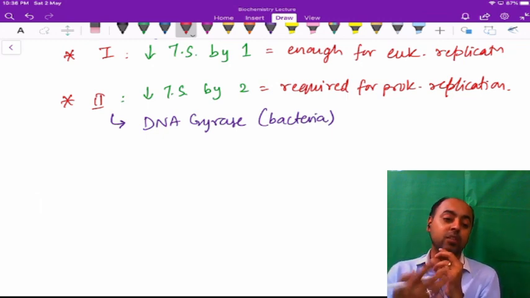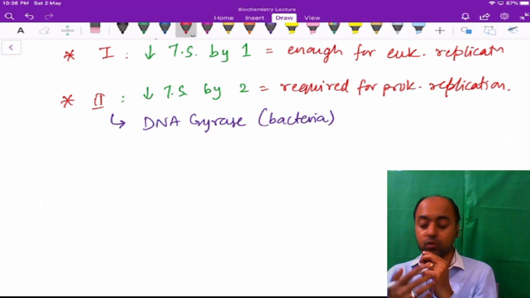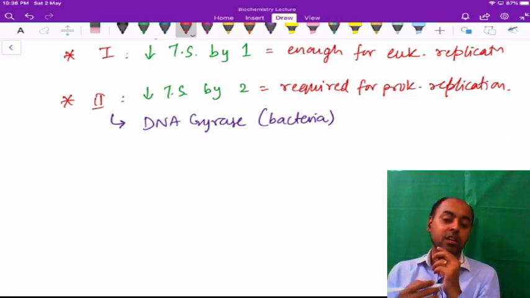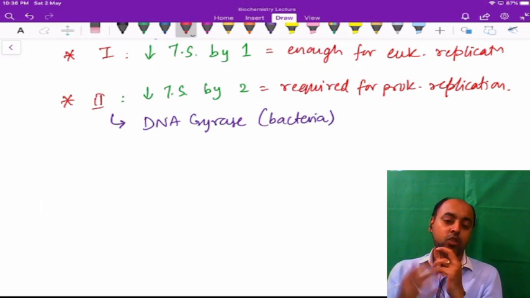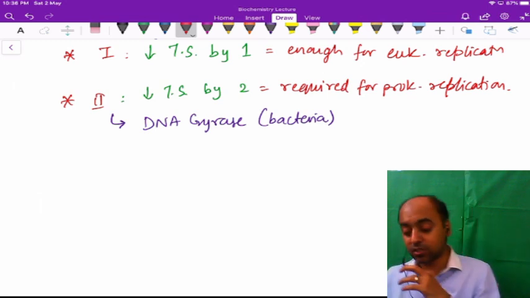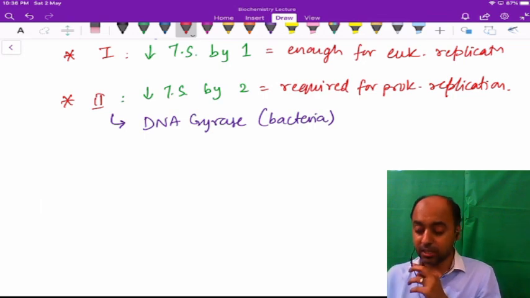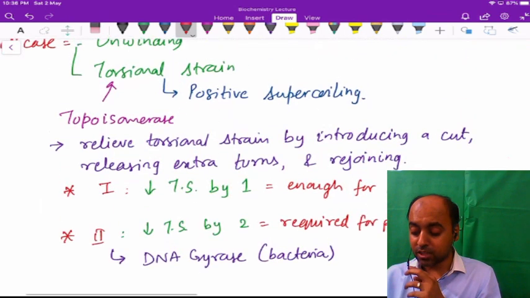I'm not saying where topoisomerase 1 or 2 are present, but rather I'm talking about what is the requirement. The topoisomerase 1 is enough for the eukaryotes, whereas topoisomerase 2 is critical for the prokaryotes because they are replicating at a much faster rate.